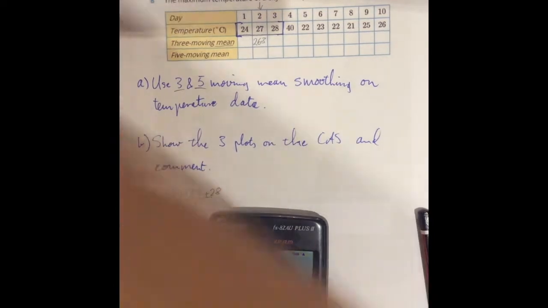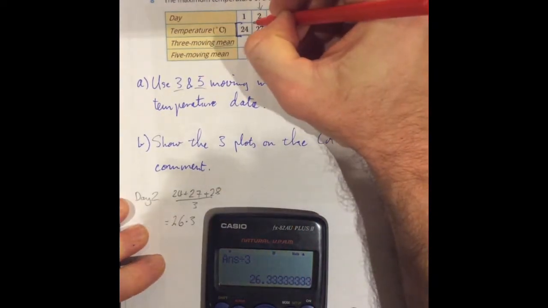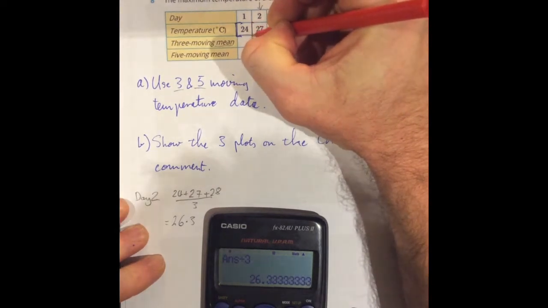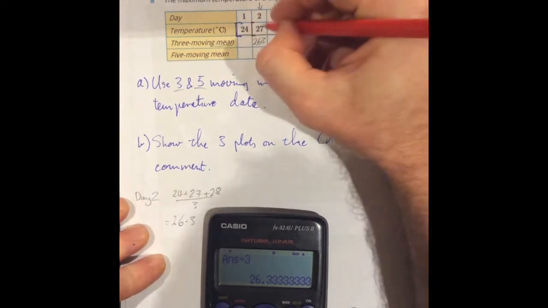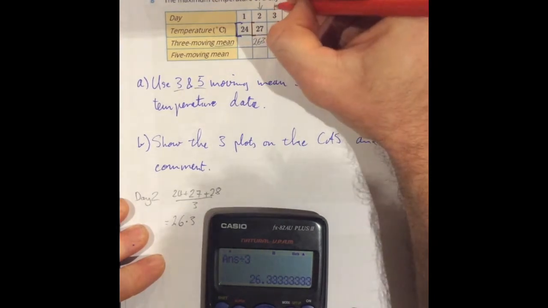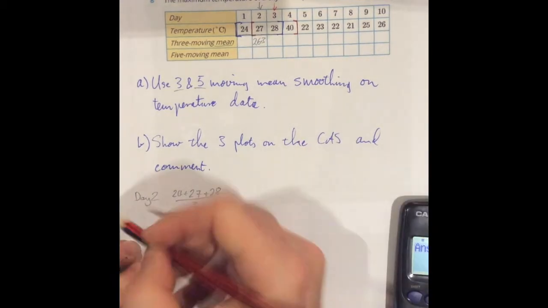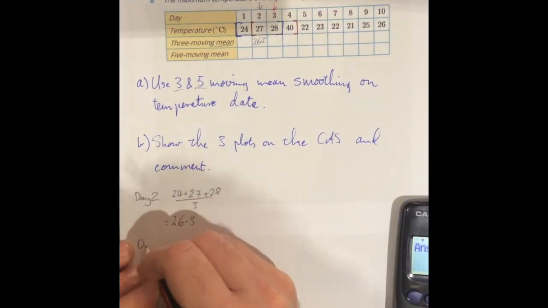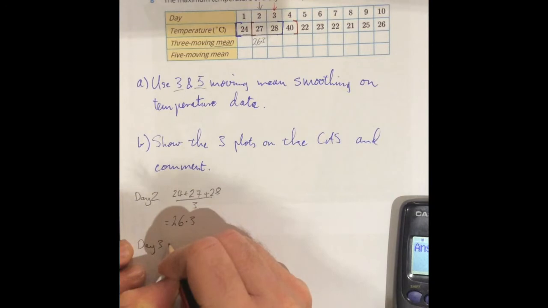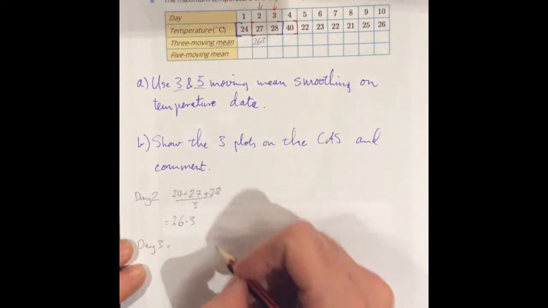After that, next thing we do is we move across one. Okay, moving across, that red there, 3 across from there. So this time we're centered on day 3, and we do the same thing. Day 3, so mean is going to be equal to 27, 28 and 40.